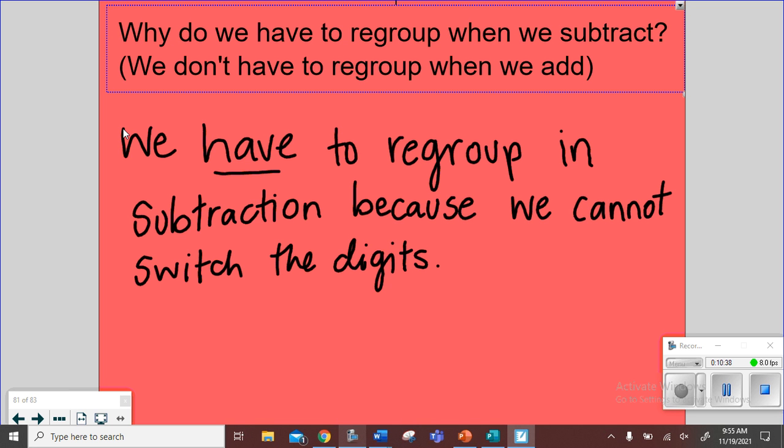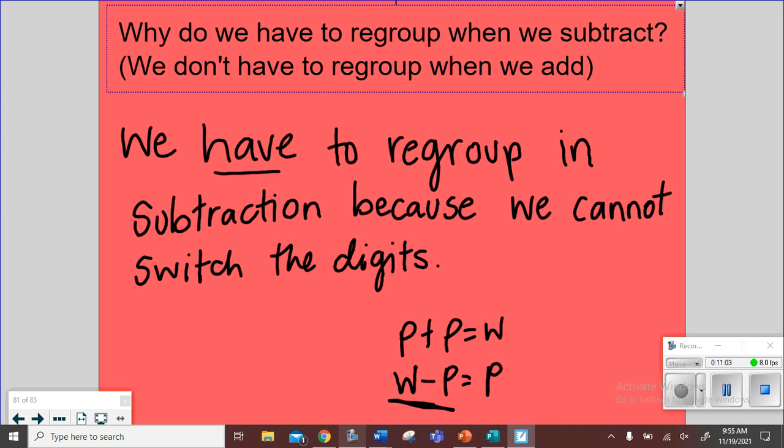But in subtraction, I cannot switch it around. Part of that is because it's a whole. When I'm adding, I'm just playing with 2 parts. I can switch those parts out and you won't even know. But in subtraction, I have a whole minus a part. I can't switch wholes and parts.